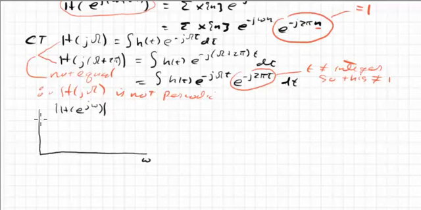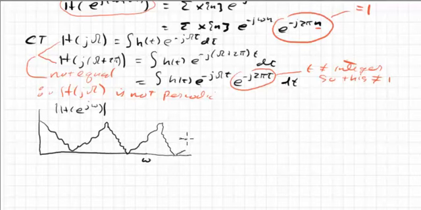We might see something that looks like this, and it keeps going, dot, dot, dot, forever, where every interval of 2π, this one's at 4π, this is at 0, and it keeps going in the other direction as well. Every 2π interval on the frequency axis, we get this repetition.